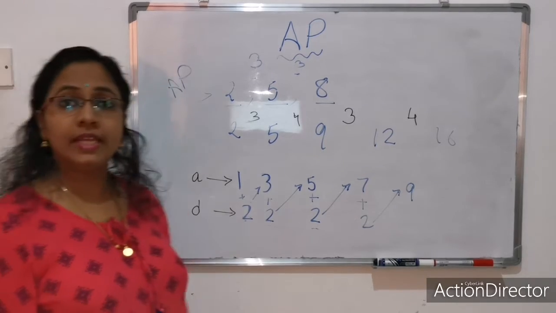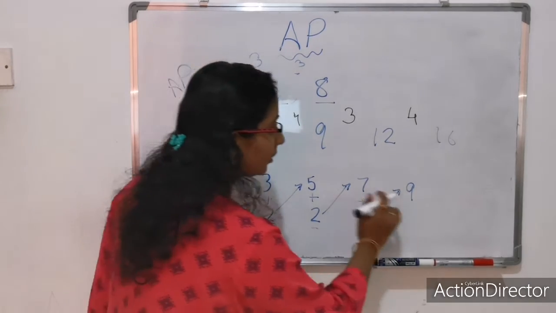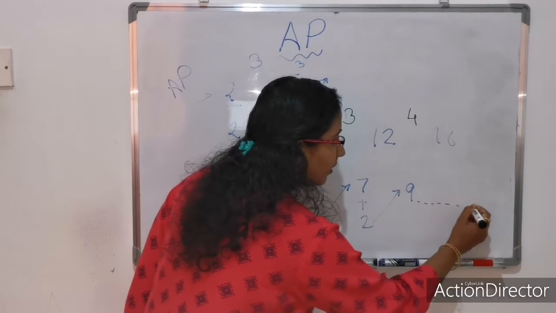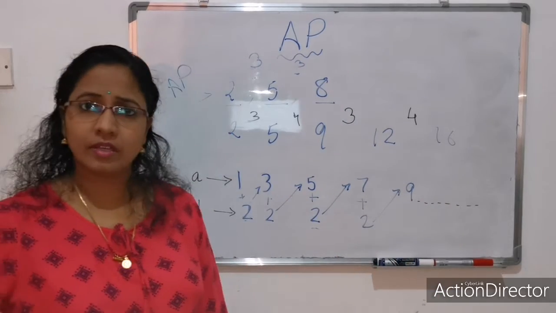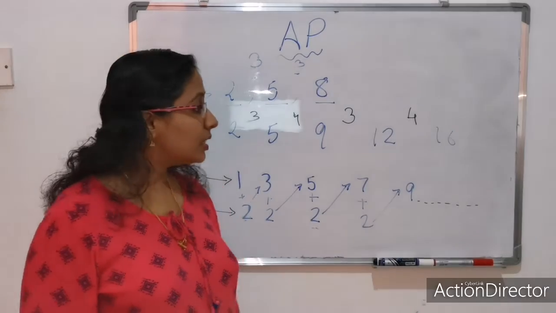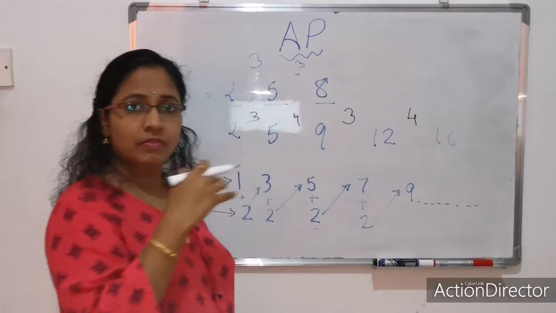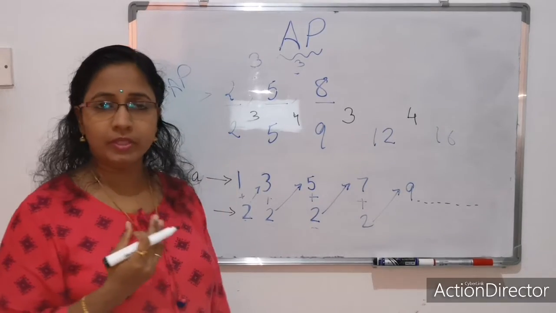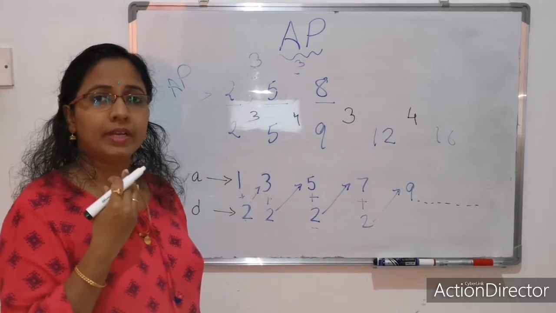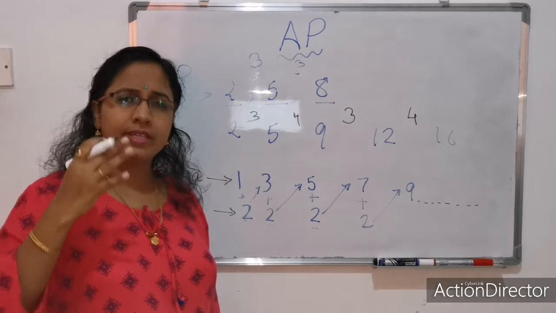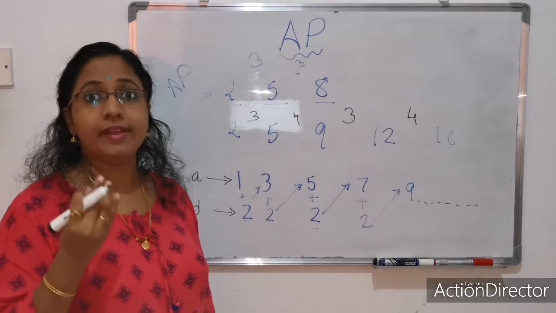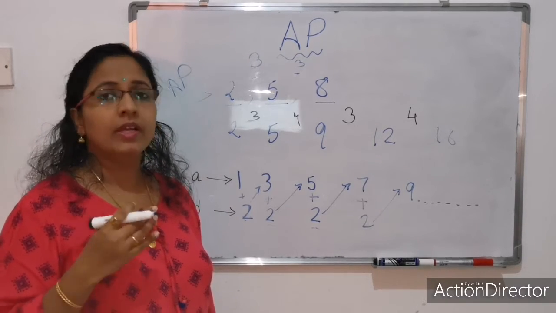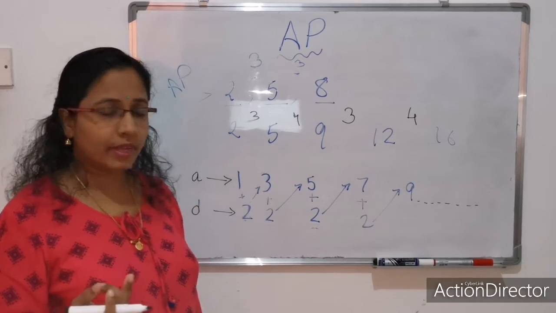Any term, suppose this is a sequence. Now you can make the sequence as long as possible, right? So the nth number, the nth term. n is a variable, and the variable can have any value.